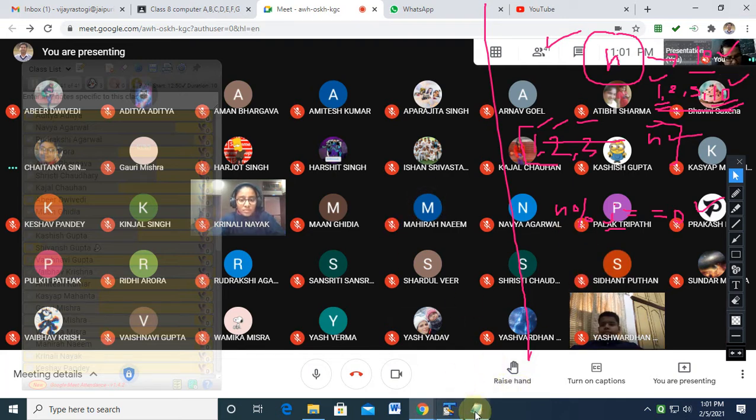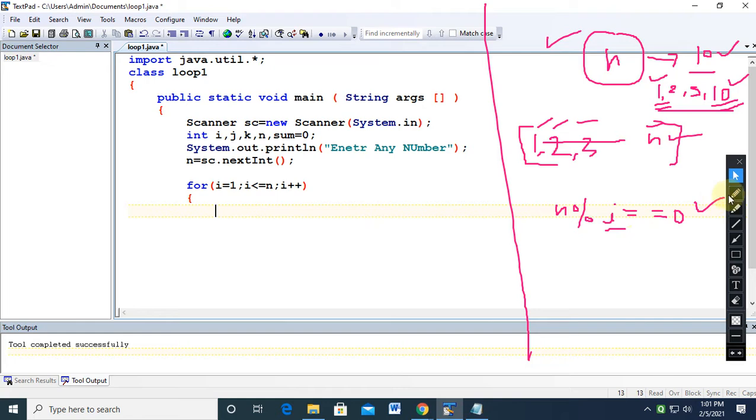Good. So this is how we will write this code. For checking the condition, first of all we compute n mod i, and in i we are getting all the factors. If the condition is true, what will you print? The factor, that is i.